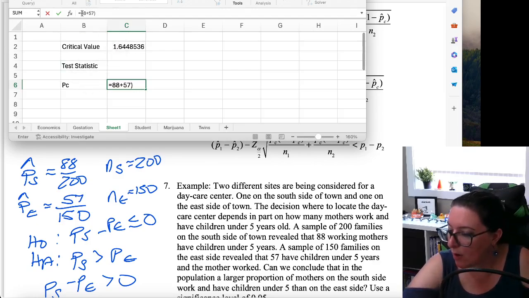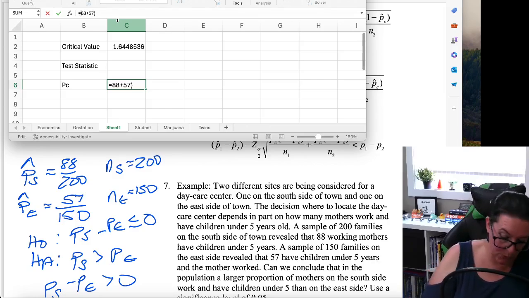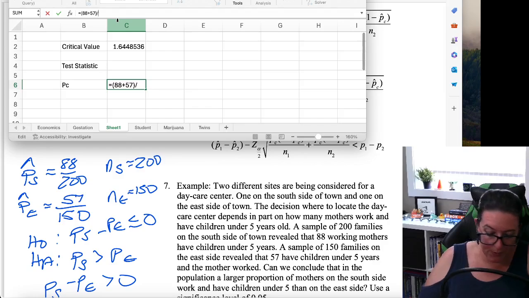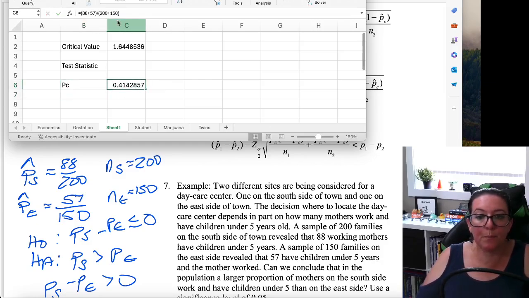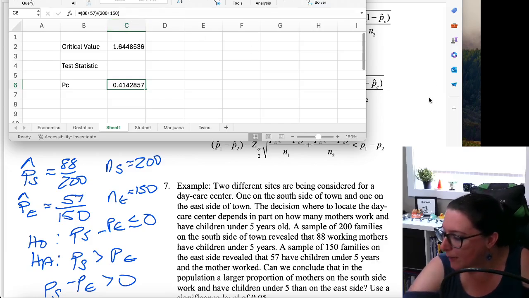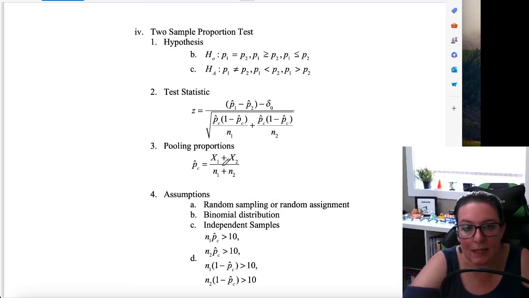This is adding up all of the working age mothers who have children under 5 in both samples, and we're dividing by the 200 in group 1 and the 150 in group 2. So our combined proportion is 0.41. If we had one big sample of 350 people, it would have a 41% proportion of working mothers with children under 5. So that gave us this PC, x1 plus x2 over n1 plus n2.